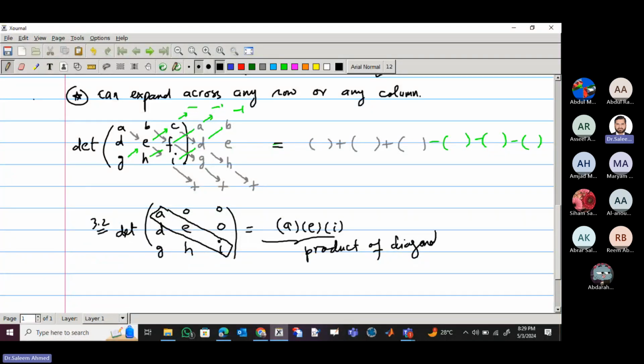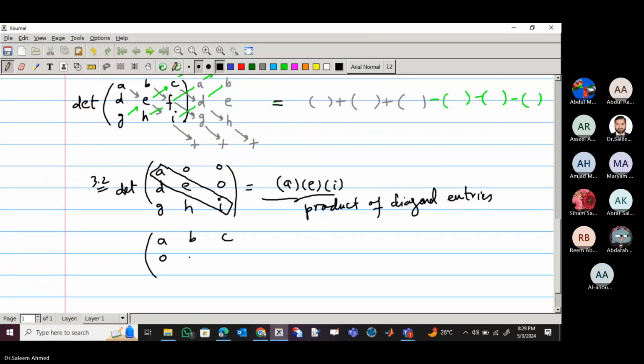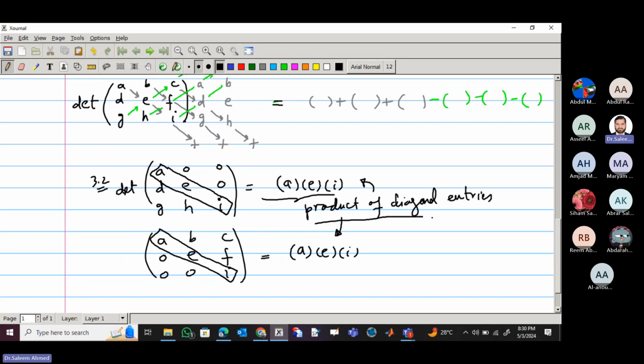This is again a shortcut. Or if it is A, B, C, 0, E, F, 0, 0, I. Now you see it's upper triangular. Now below everything is 0. Still the answer will be A, E, I. So upper triangular and lower triangular matrices both give you the same answer, product of the diagonal entries. So these are some shortcuts as well.